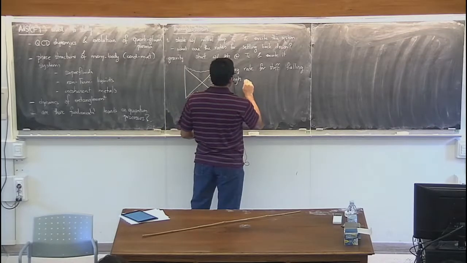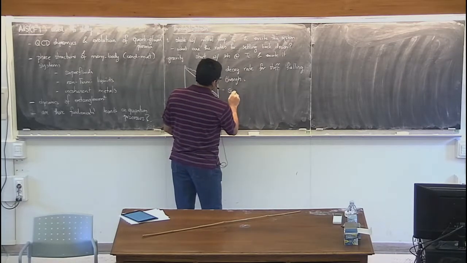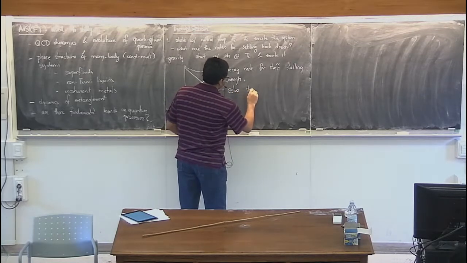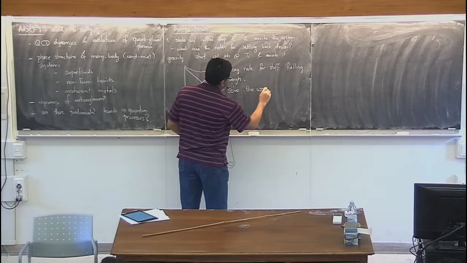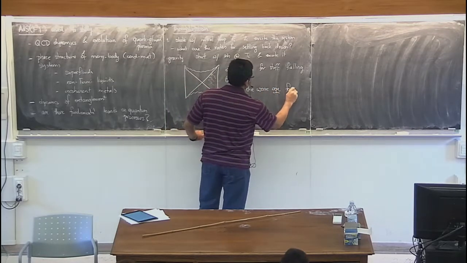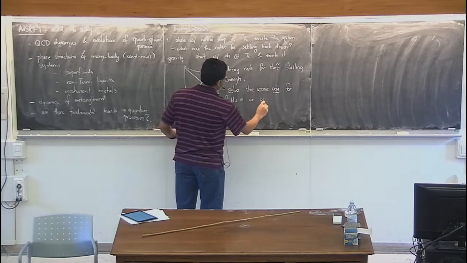And these decay rates can be computed by solving a classical problem: by solving the wave equation for fields in an open domain.